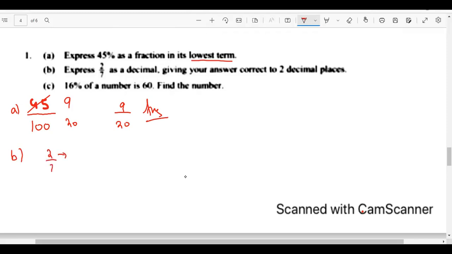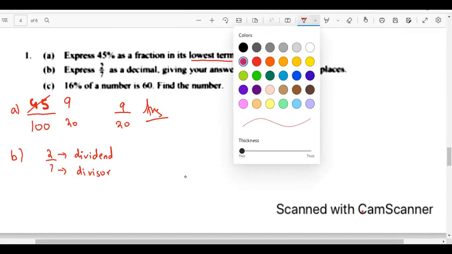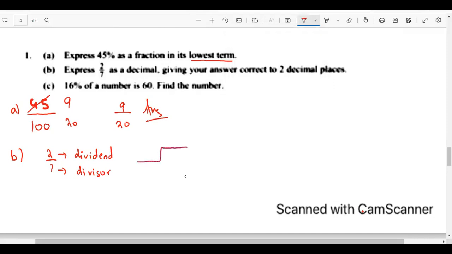This is my dividend, and this is my divisor. In order to convert this fraction to decimal, I need to do the long division. So 2 and 7, a decimal and a 0.